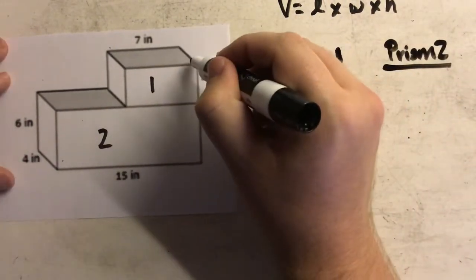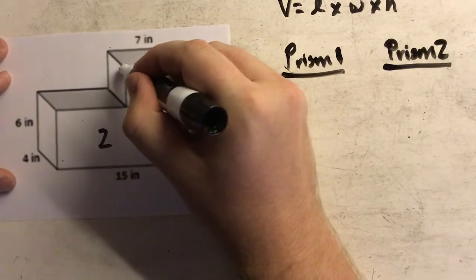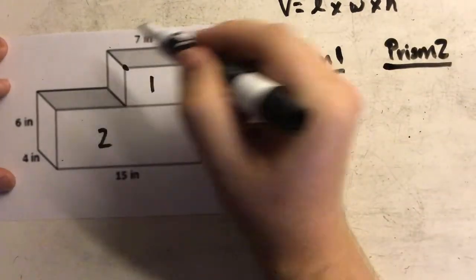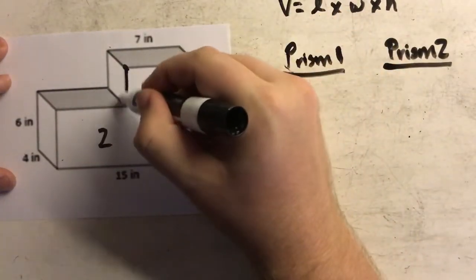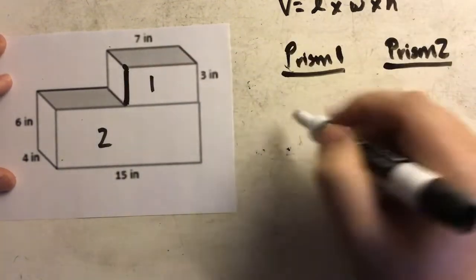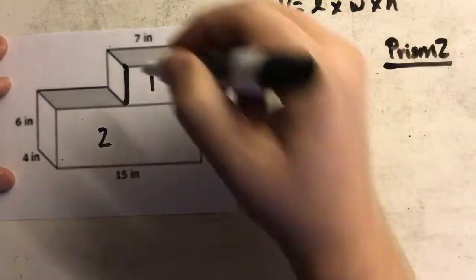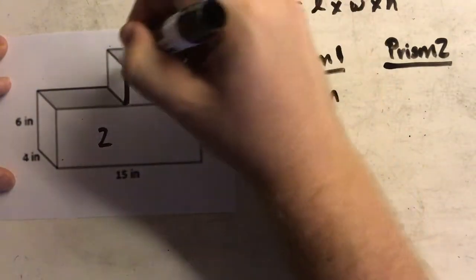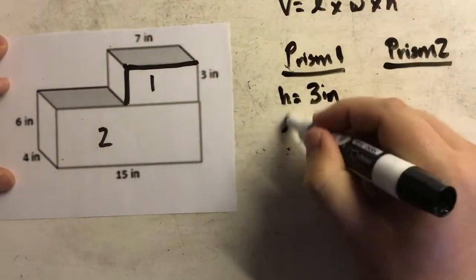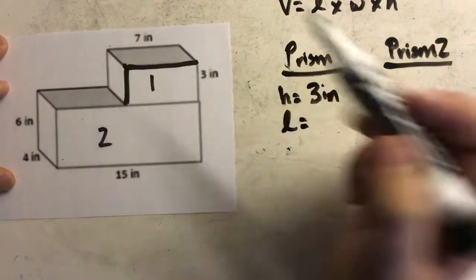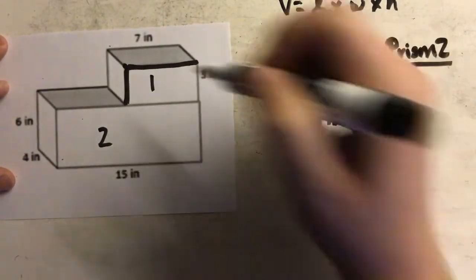And again, if I pinpoint any point where 3 lines come together, I see this length right here, we could say is my height, is equal to 3 inches. This line right here, we could say is my length, and that's equal to 7 inches.